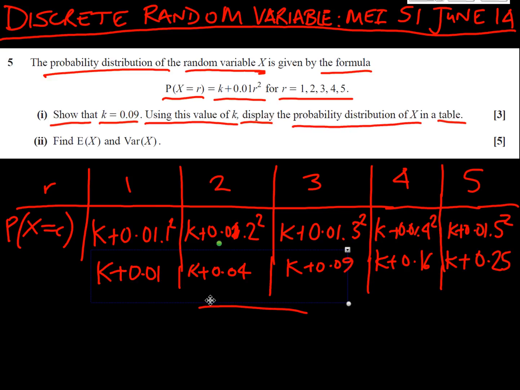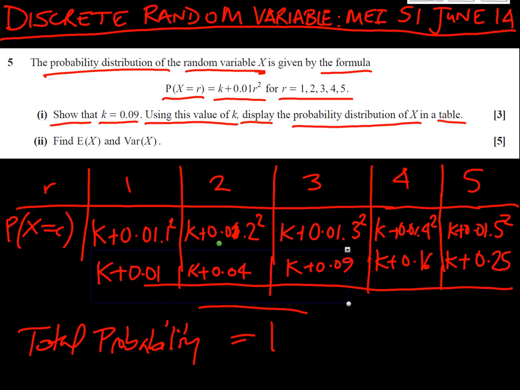What is it we need to solve this part of the problem? We have to remember one basic idea, that the total probability in any complete event equals 1. So we have all our individual probabilities, and we know they must add up to 1.